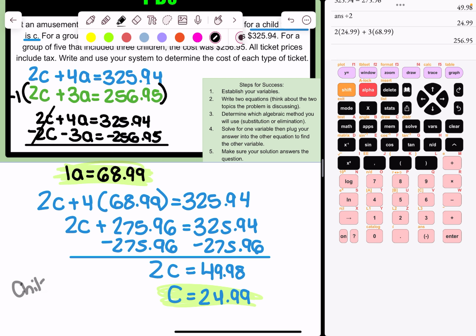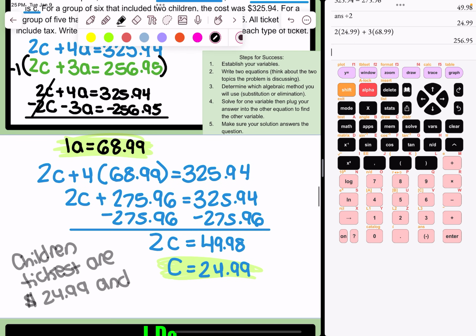Children tickets are $24.99 and adult tickets are $68.99, which makes sense, since adults are usually more than children.